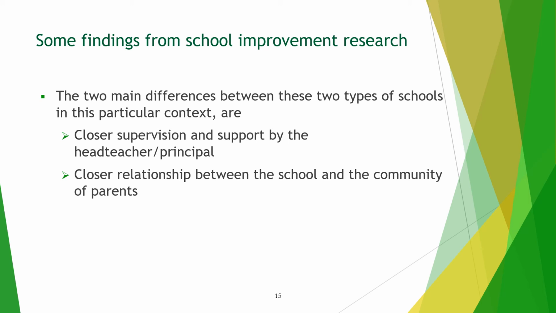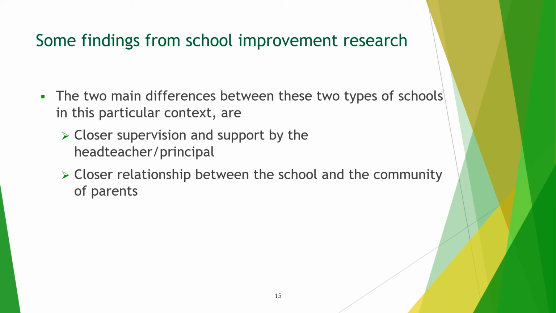And the second difference was that there was a closer relationship between the school and the community of parents, with the parents to a large extent demanding more accountability and more performance from the private schools, but also willing to support the schools, the teachers, and their own children more.